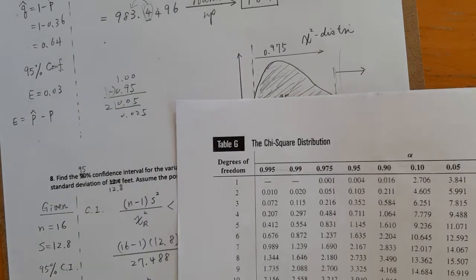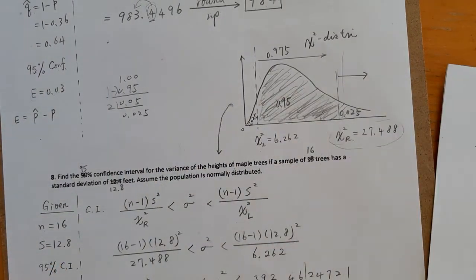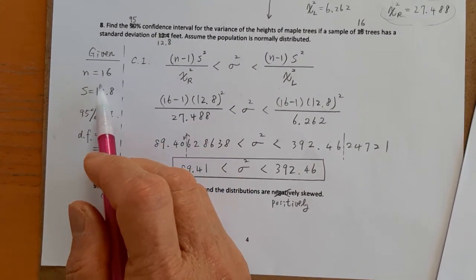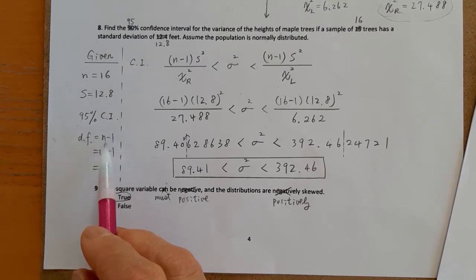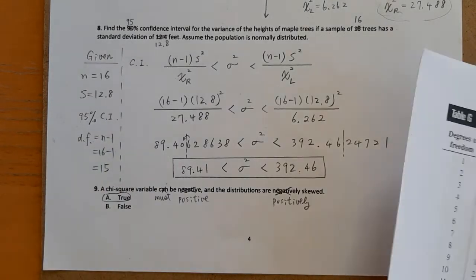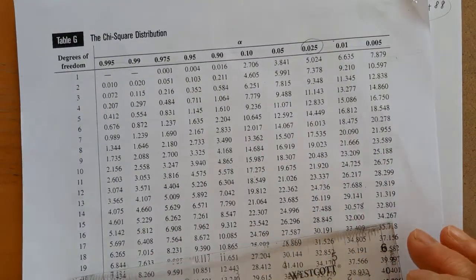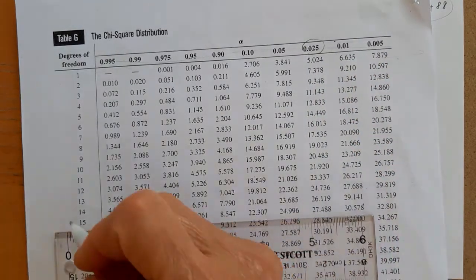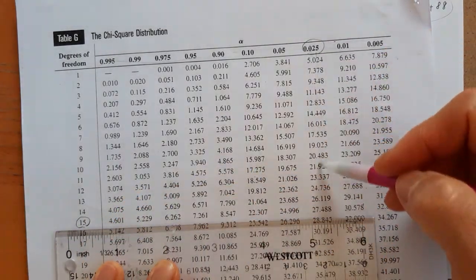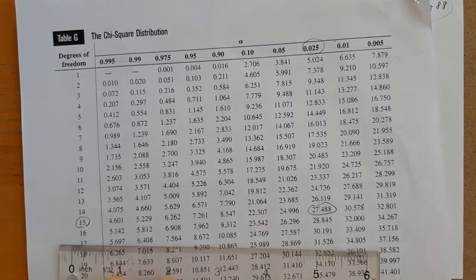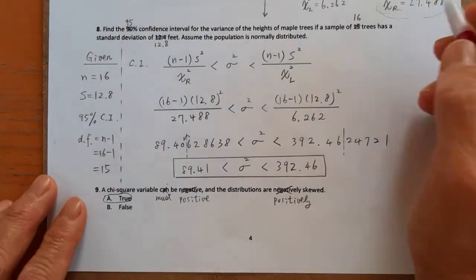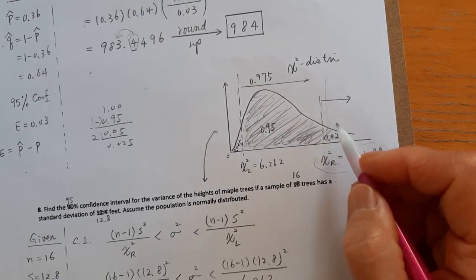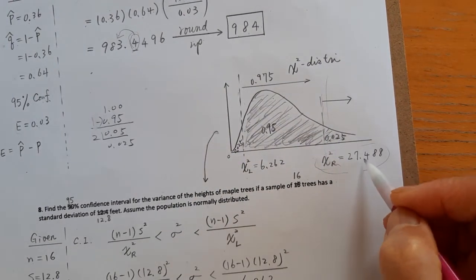Degree of freedom for this question: given n is 16, degree of freedom is n minus 1, 16 minus 1 is 15. So you look at this table, 0.025 and degree of freedom 15. The intersection is 27.488. So to the right, 0.025, this chi-square is 27.488.